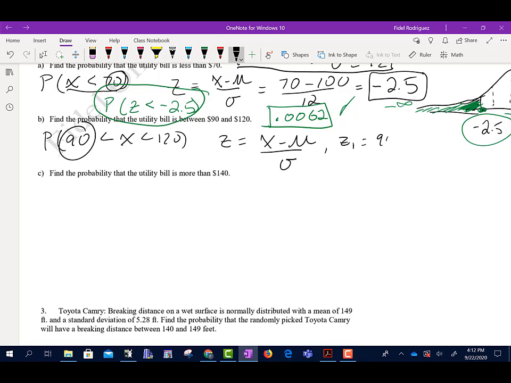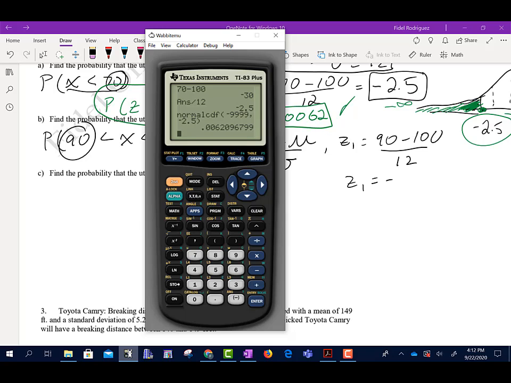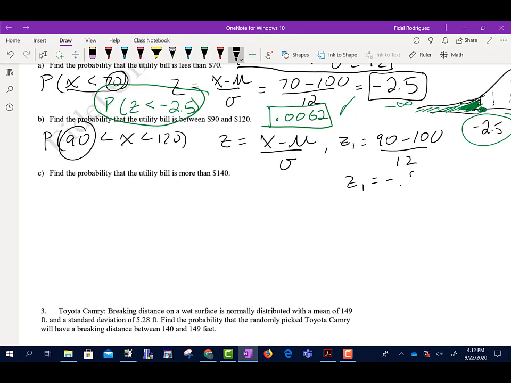So I'm going to say this is 90 minus our average was 100, and our standard deviation was 12. Okay, so that's going to be negative 10 over 12, I know that. Negative 10 divided by 12 is negative 0.83.